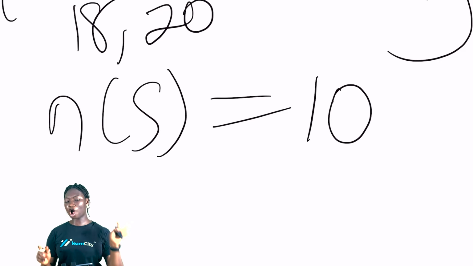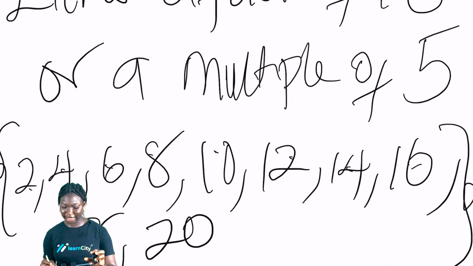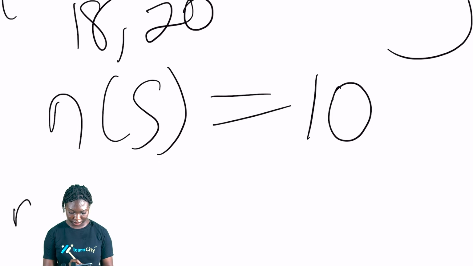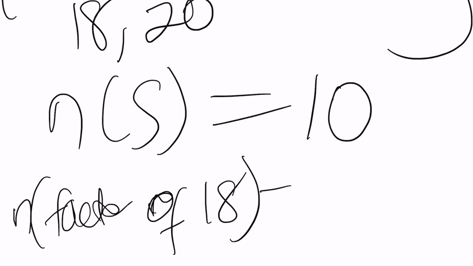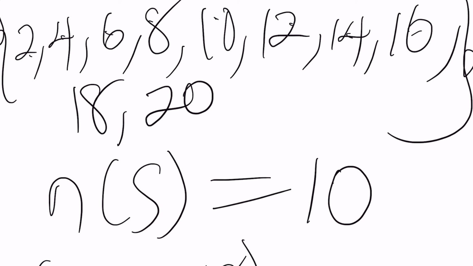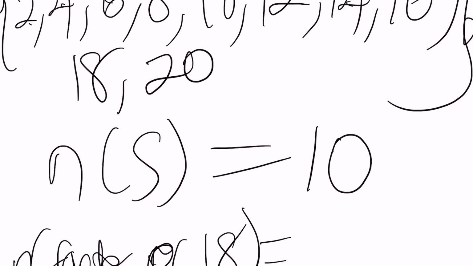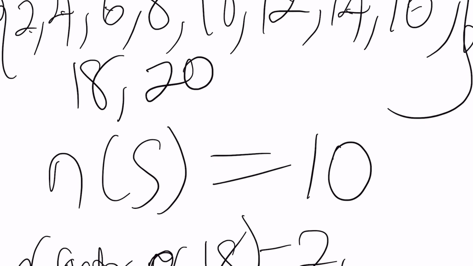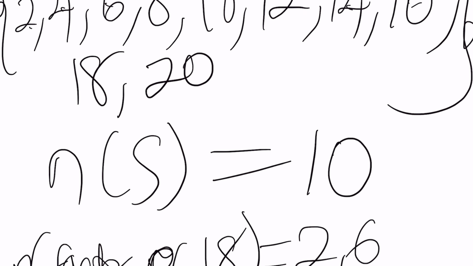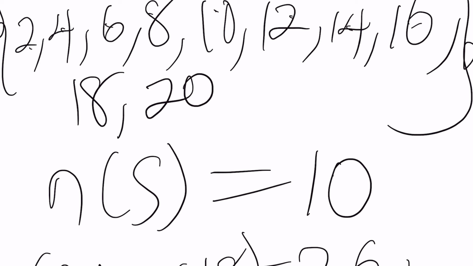So for the factors of 18, we are looking for any number that can go through 18. So we have 2, 6, and 18.